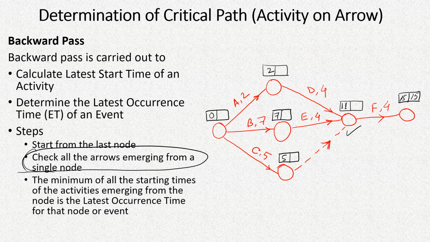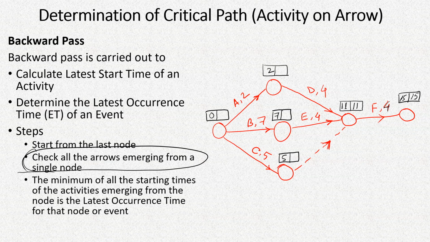In this node there is only one arrow, so we don't have to worry, and we can simply write 15 minus 4, that is 11. So the latest that activity F can be started is the 11th day, because that is the last activity.